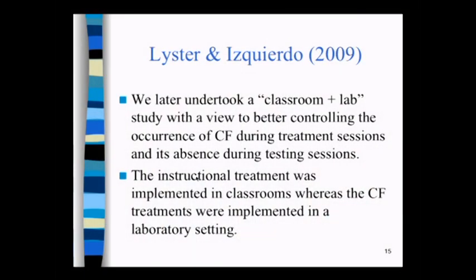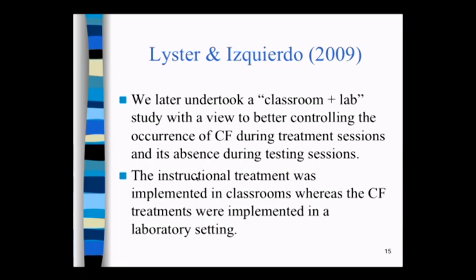So, because of this problem, where we didn't get results in terms of oral production, later on we decided to implement a study that was a combination of a classroom and a lab study, so that the learners are completely different in this study. Lyster and Izquierdo, 2009. They're university students studying French as a second language.